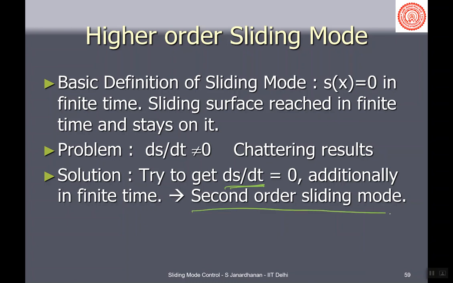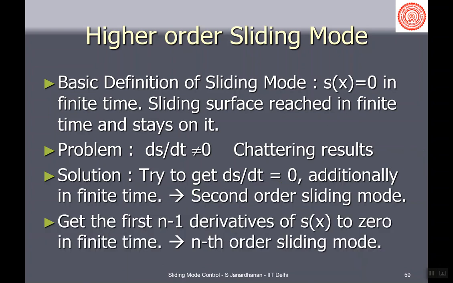This is actually termed as second order sliding mode, because s and s dot are made to go to 0. If you extend it further to n minus 1 derivatives of s, what you end up with is the nth order sliding mode.